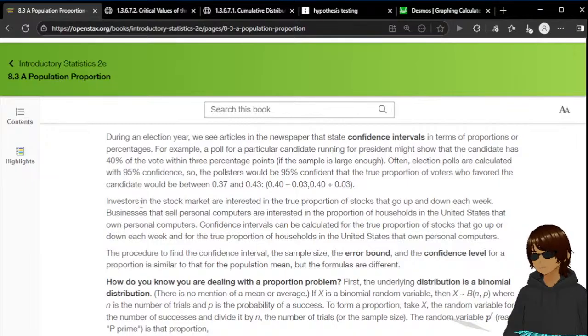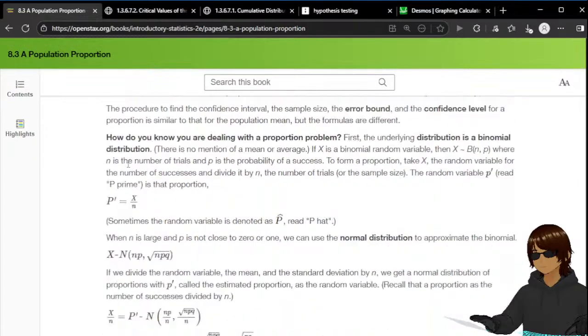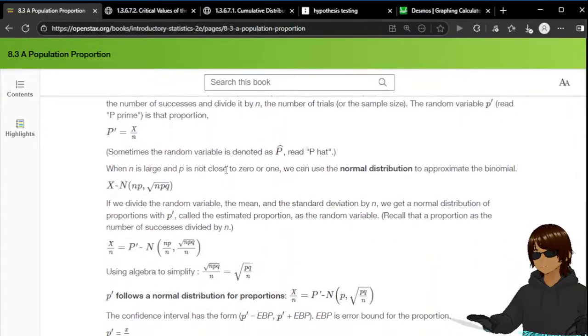So they would state confidence intervals in terms of proportion, 40% of the vote within 3 percentage points. If p is not close to 0 or 1, we can use the normal distribution to approximate the binomial. If we divide the random variable, the mean and the standard deviation by n, we get a normal distribution of the proportions with p prime.